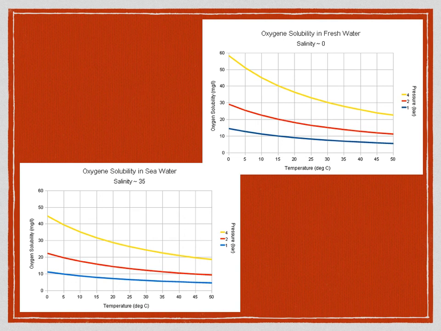You'll notice that more oxygen can dissolve in fresh water than can dissolve in salt water. The other real concern here, with things like global climate change, is that when your average temperatures are higher, you get a decrease in solubility of oxygen in the water. And so there's less available oxygen in both fresh and seawater for sea life to be able to breathe.